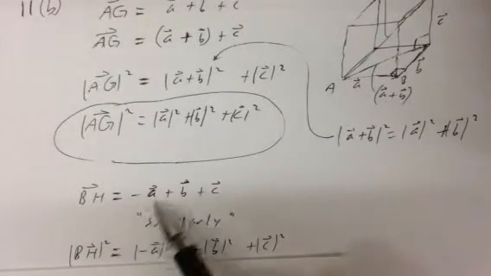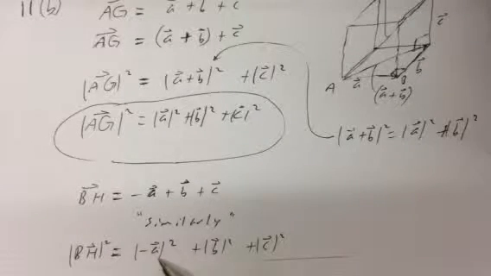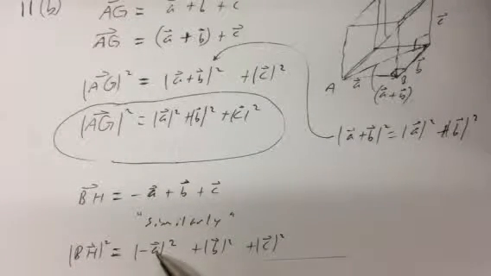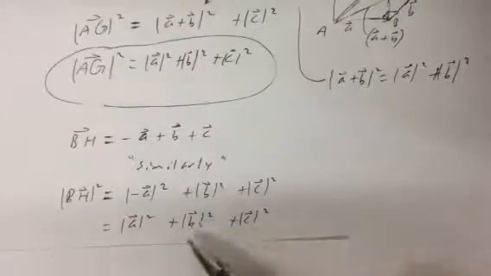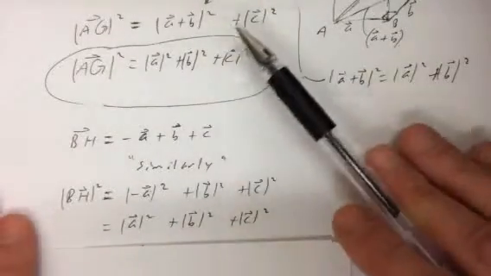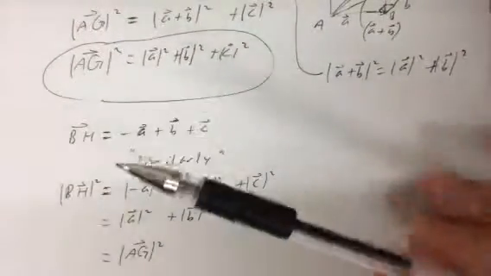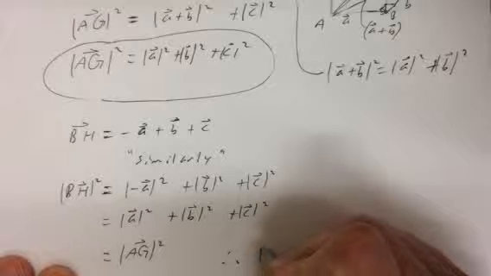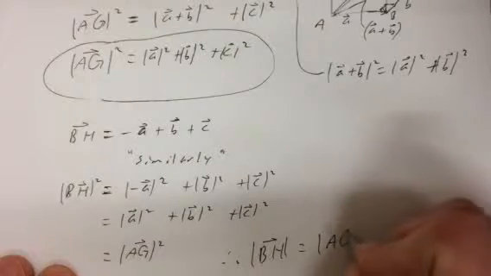Similarly, the magnitude of BH squared equals negative a squared plus b squared plus c squared. We know that negative a is the same length as a. So we can rewrite this as a squared plus b squared plus c squared, all magnitudes. That is the same as the formula we have for AG squared. So therefore, BH squared equals AG squared, and BH magnitude equals the magnitude of AG.